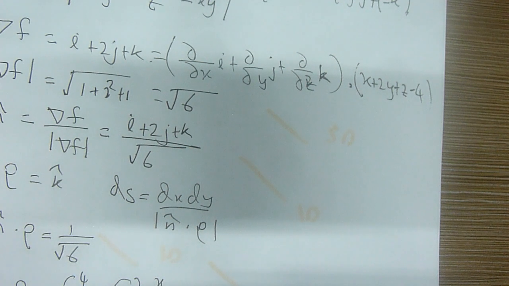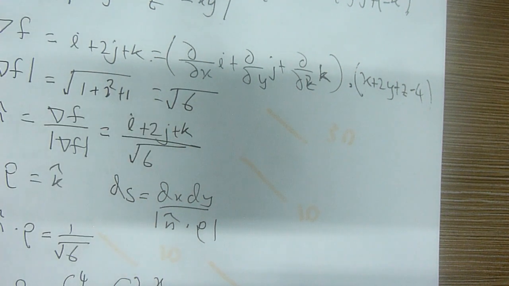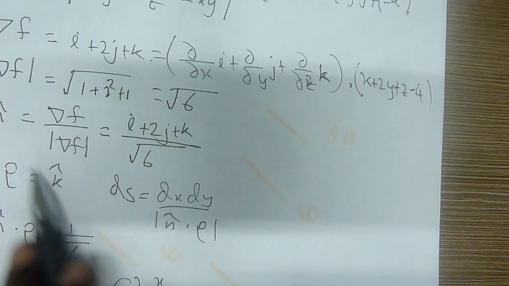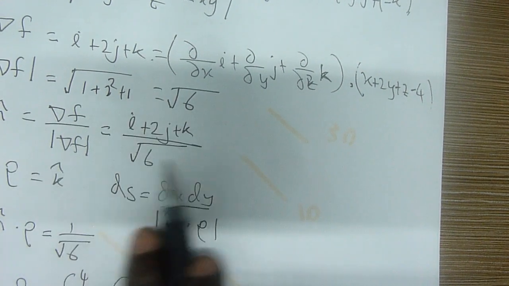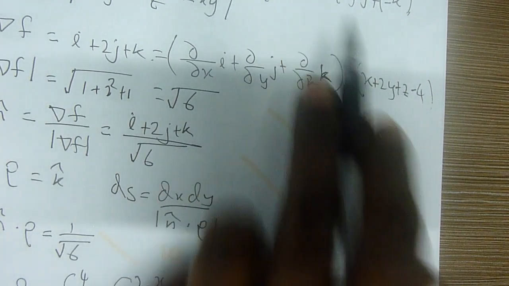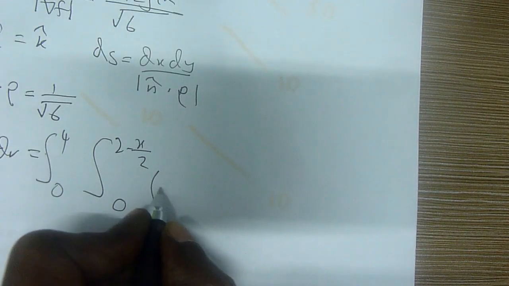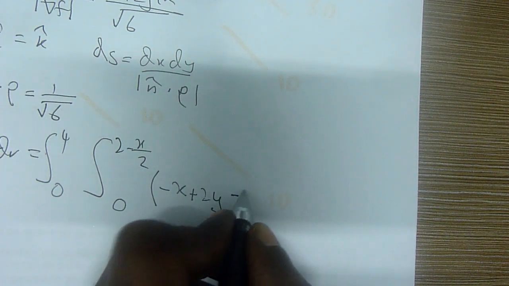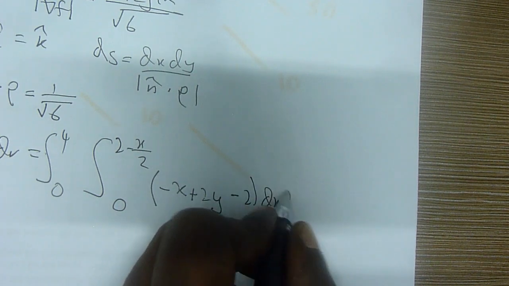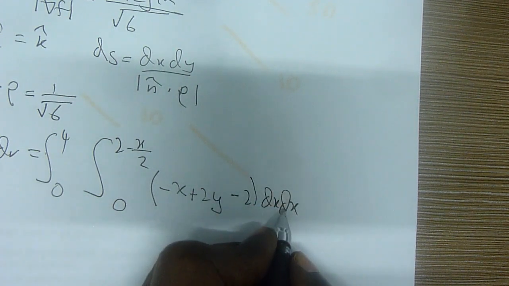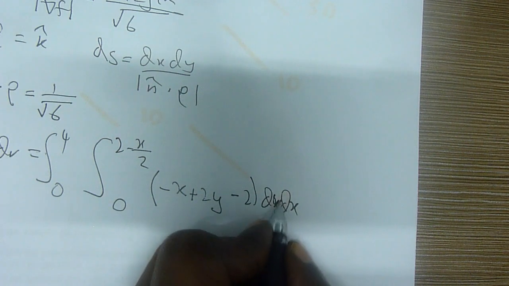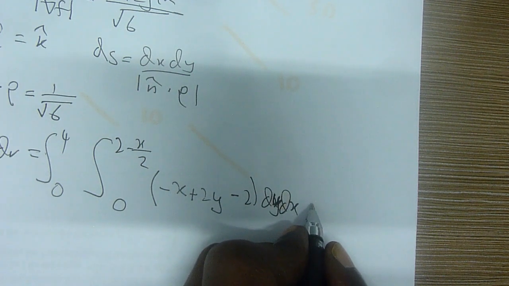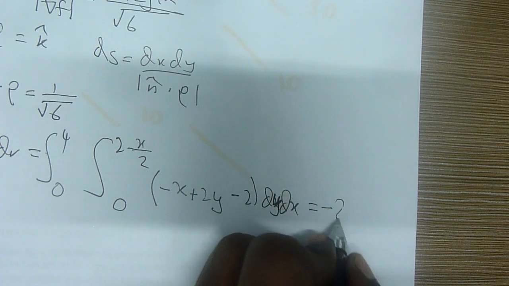Del F matching with this, where you get negative x plus 2y minus 2 dx dy. The answer that you will get is negative 8.